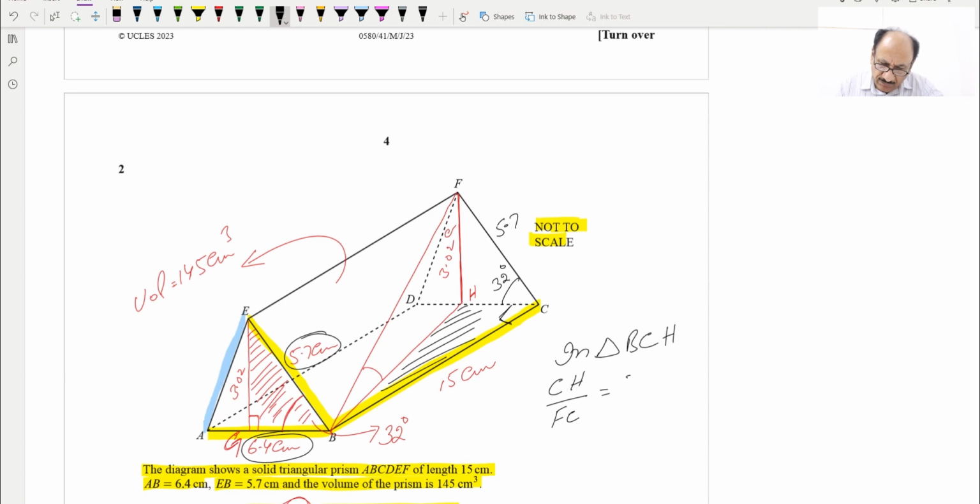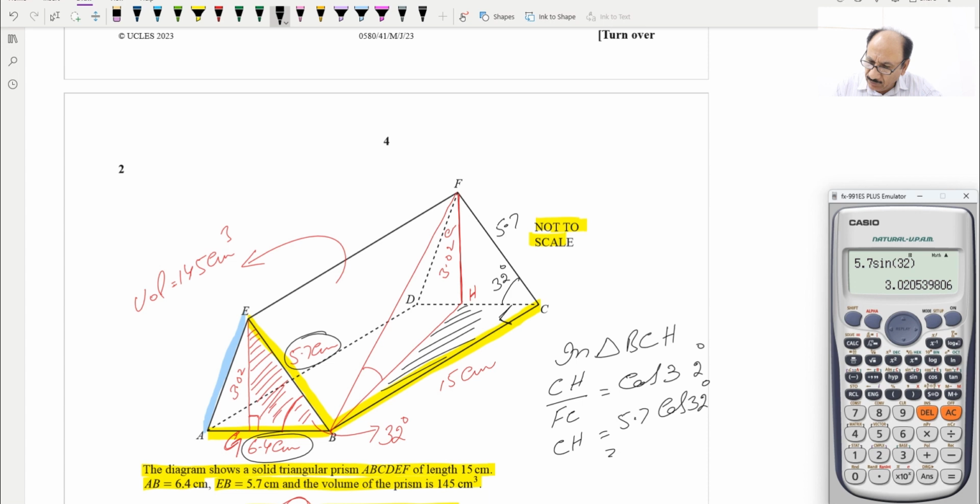CH over FC is equal to cos of 32 degrees, and CH is equal to 5.7 cos of 32 degrees, and we can find this with the help of a calculator. 5.7 cos of 32 degrees will be equal to 4.84.